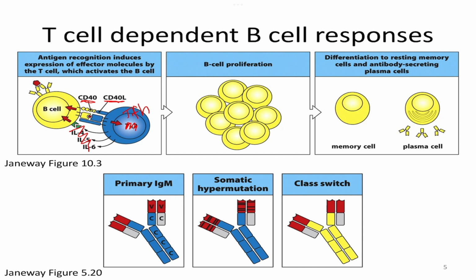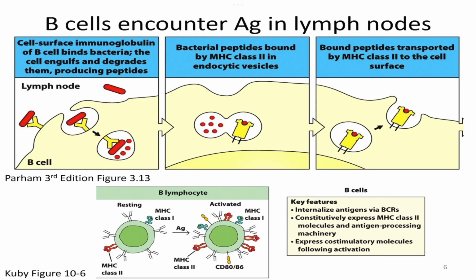In order to start the process of B cell activation, unsurprisingly, I think, our B cell has to encounter antigen with its B cell receptor. I know you're shocked. That seems really shocking for our B cell. And so you can see that happening here, where our B cell is binding to some antigen with its B cell receptor.